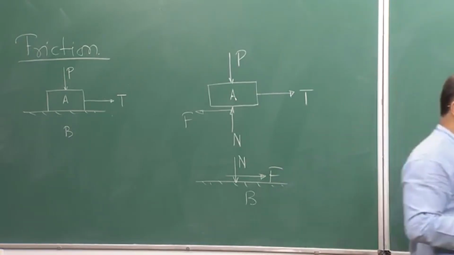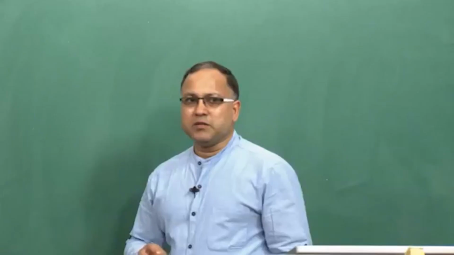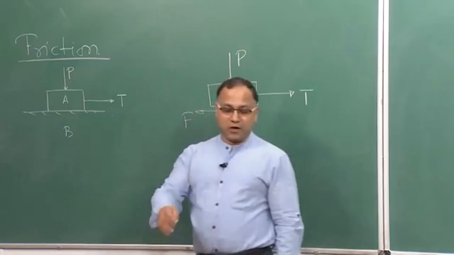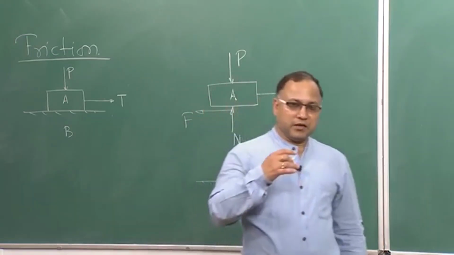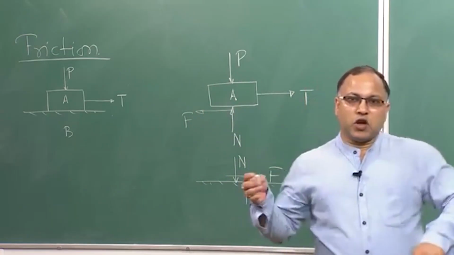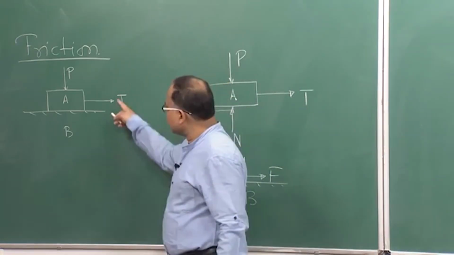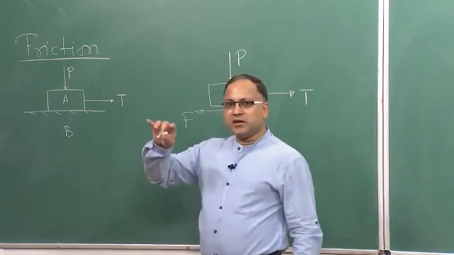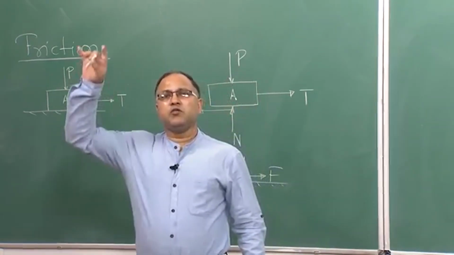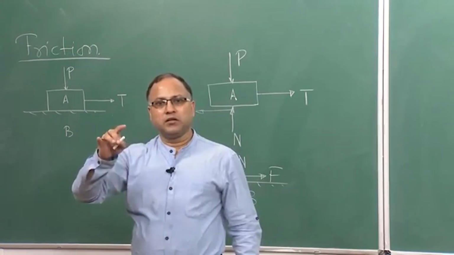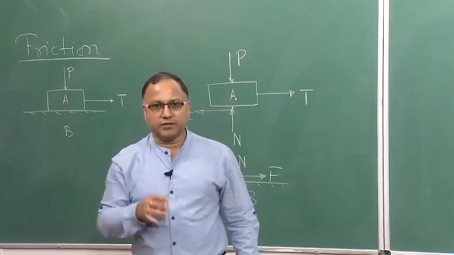Now, what we are doing here is trying to pull this block A over the surface B. You are gradually increasing this T force, and you will observe that at a certain point the block will be on the verge of sliding.